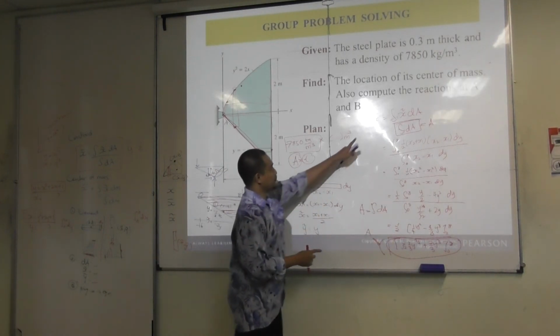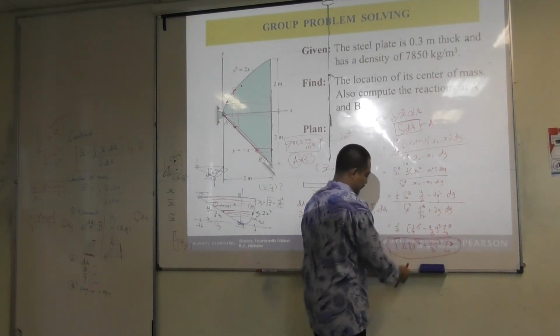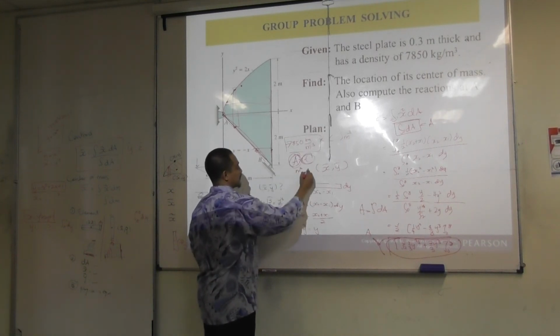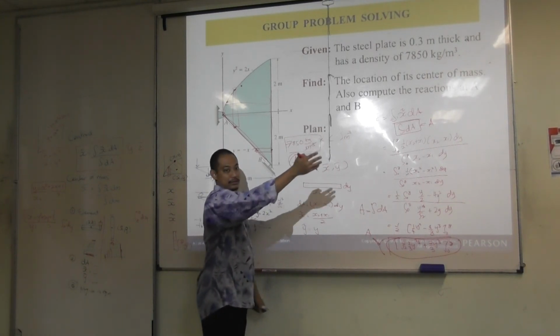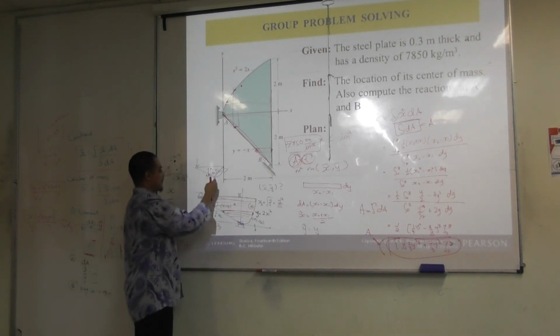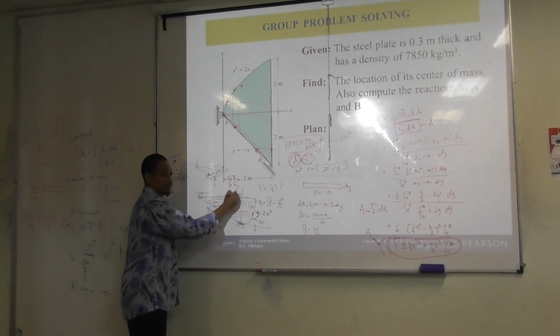And if you do both for x and y, this portion will be the same. You can check. And you just take that area, meter square, times the thickness meter, and then you can calculate. And then you get the free body diagram, and then summation of Fx, summation of Fy, summation of moment, as we have done before.